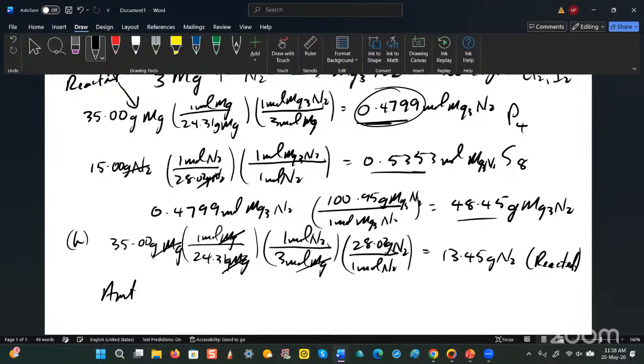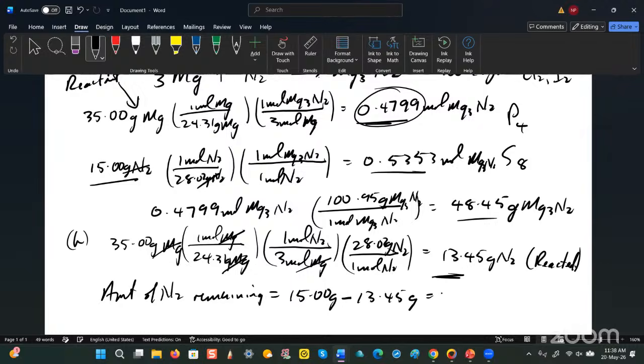Amount of N2 remaining will be equal to the original amount of nitrogen, which is 15.00 grams, minus the amount that reacted, which is 13.45 grams.